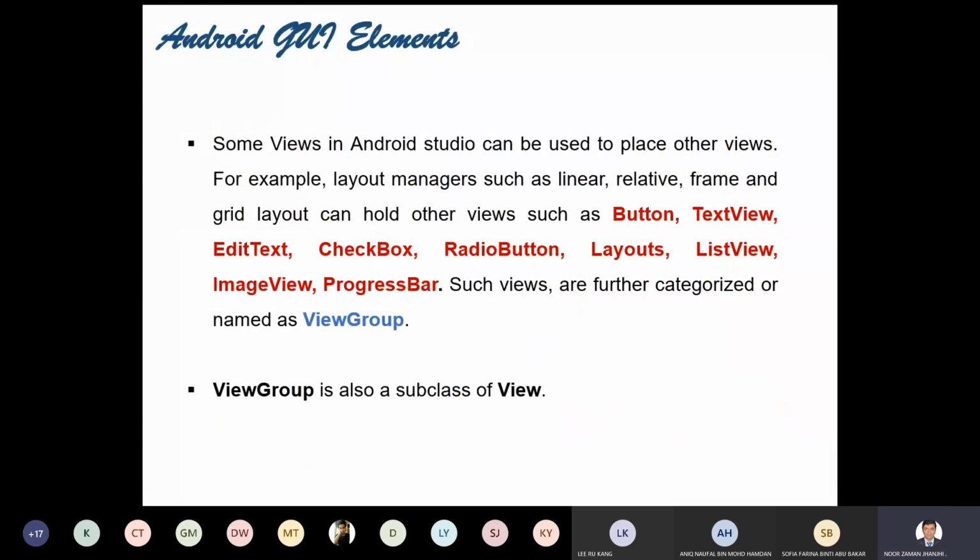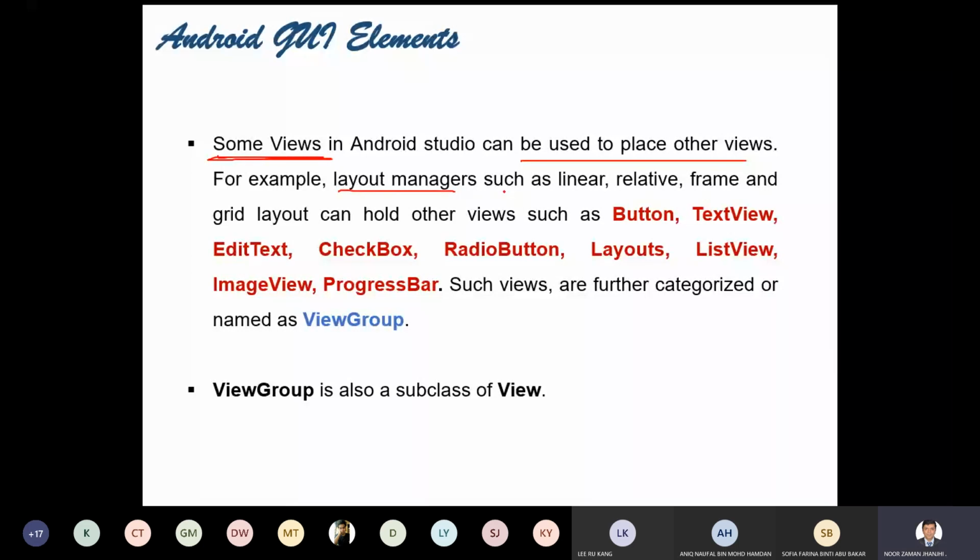Now you can see that some views in Android Studio can be used to place other views. You need to focus on this. What it means is that within a view, we can use other views as well, but this is only possible for some. For example, the layout manager, because the layout itself is a view.